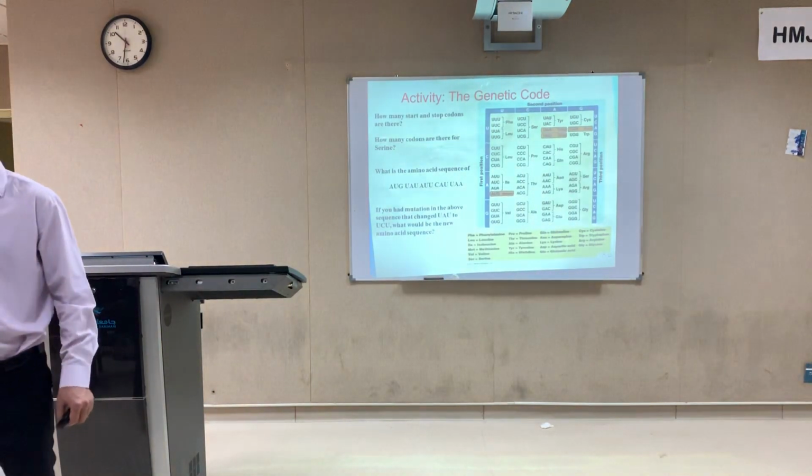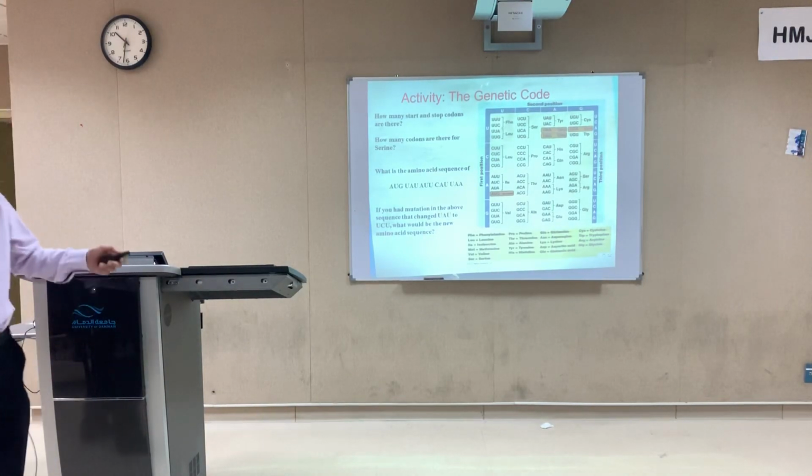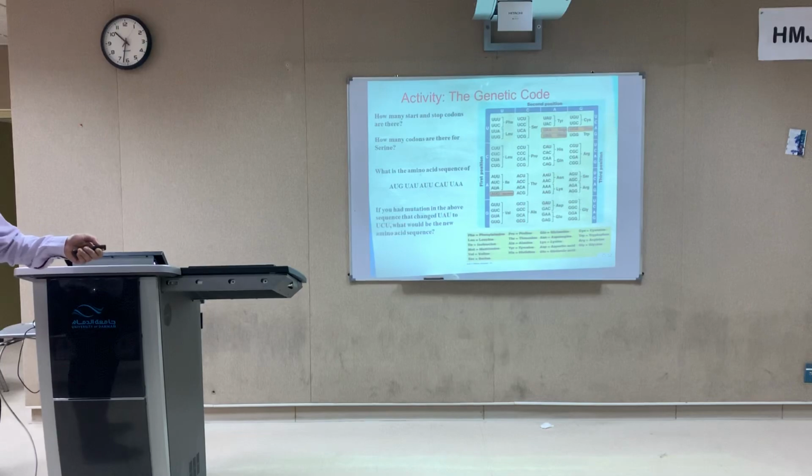UAC, huh? So what amino acid is UAC? In the table, if you read the table, which amino acid will be UAC? So remember, first U, then the second A, then C. So UAC. Tyrosine, okay?